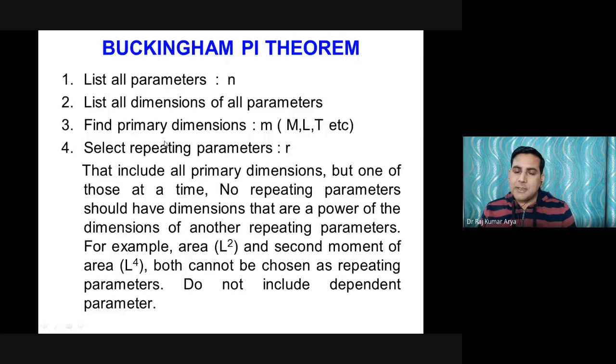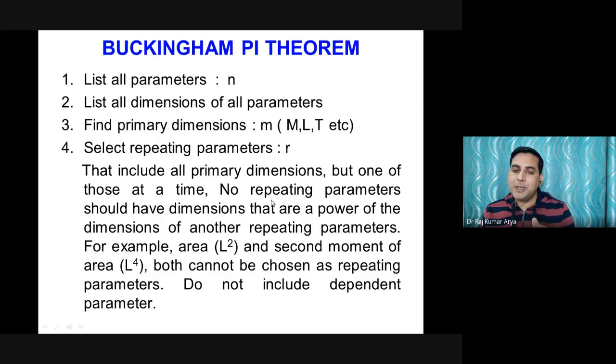Now there is something called repeating parameters: some variables or parameters can be involved in more than one pi group or more than one dimensionless group. There are some guidelines on what cannot be treated as a repeating parameter and what can. First, include all primary dimensions, but not one of those at a time; only one primary dimension is not enough.